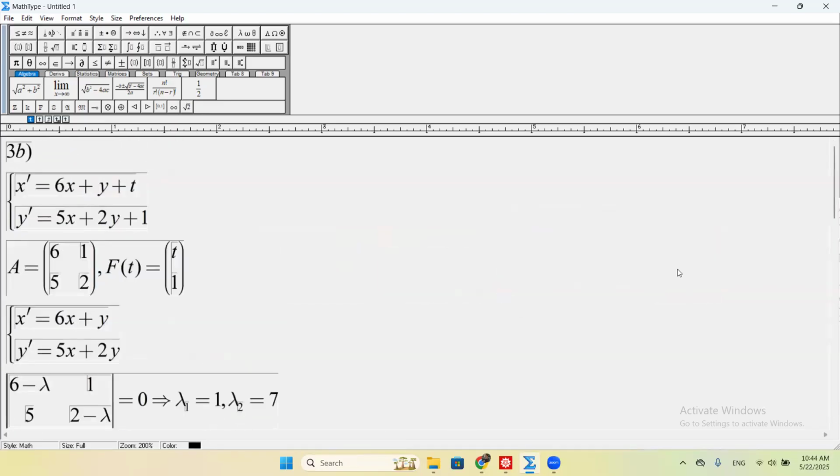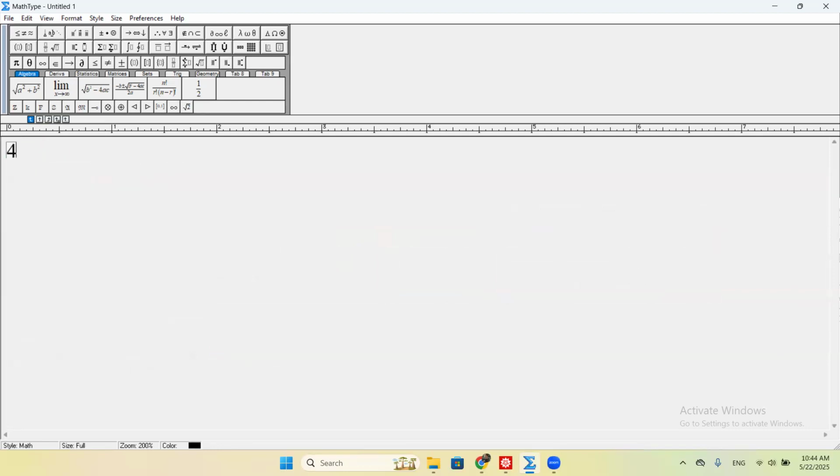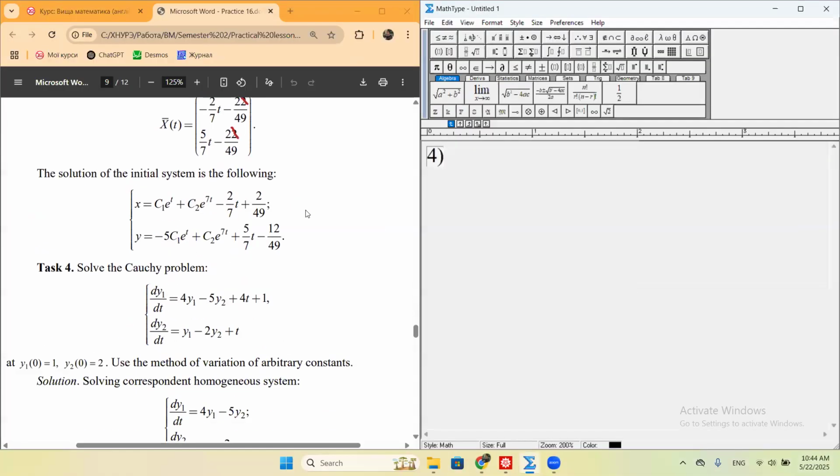Okay, if no questions, let's move to exercise 4. So now we will have to solve the Cauchy problem, and we will use the method of variation of arbitrary constants that you already know, and see how it will be used for the system.